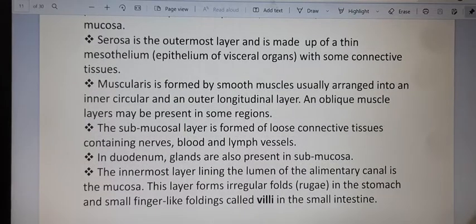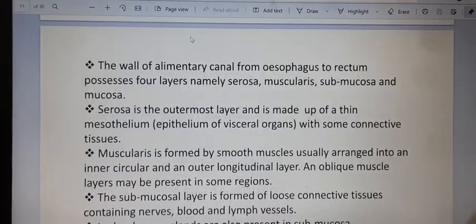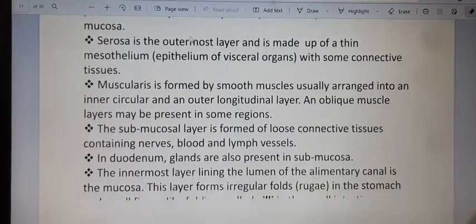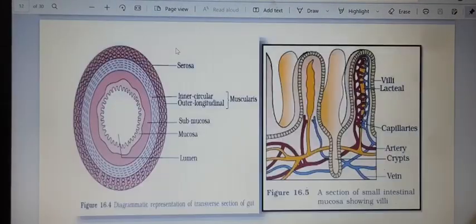And the detail of these layers of the alimentary canal is not in your syllabus. So only this diagram is there in your syllabus. This diagram I have given in my video also. The simplified diagram I have drawn in my video on the board. You can draw that diagram also.